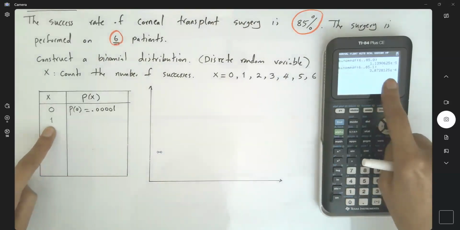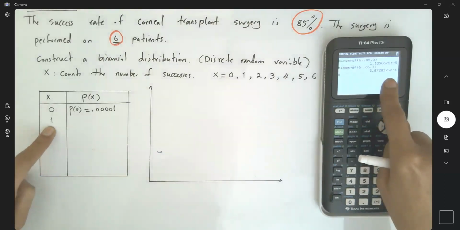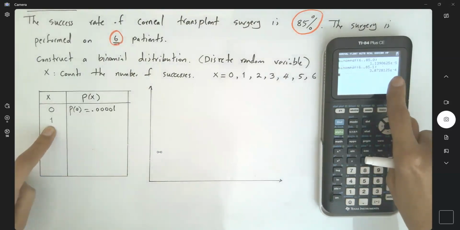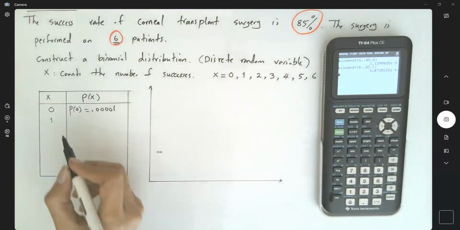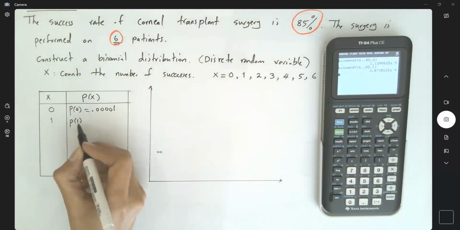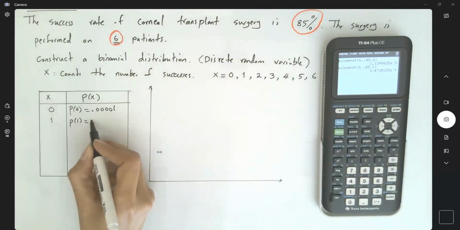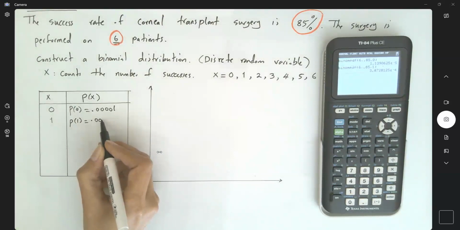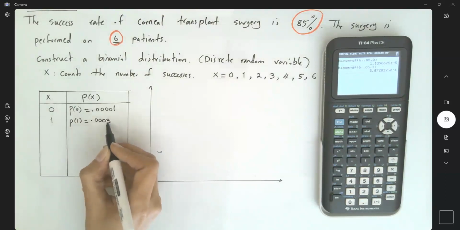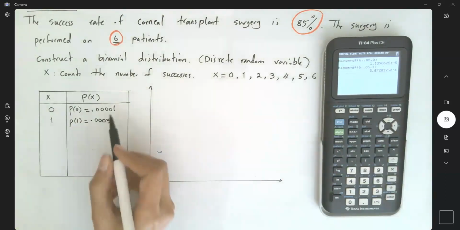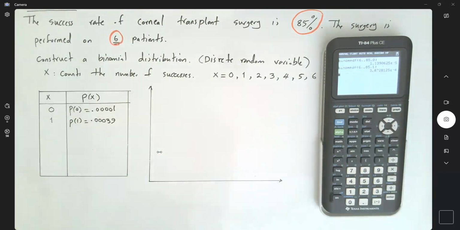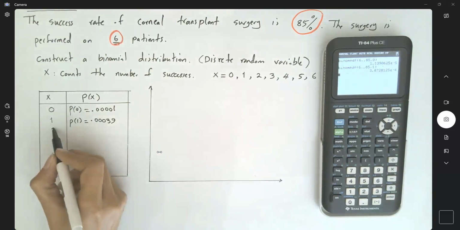Calculate the probability. This is going to be again small. You need to move the decimal 4 places to the left. So the probability that X is 1, just 1 successful surgery, is going to be 0.00039 if I round this.